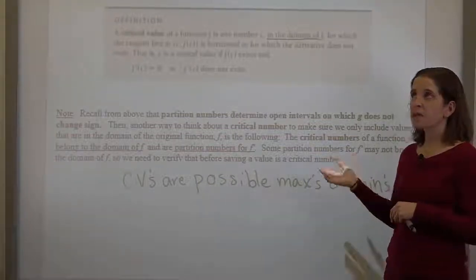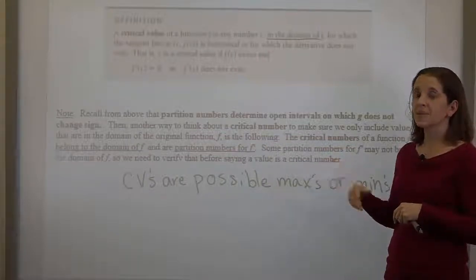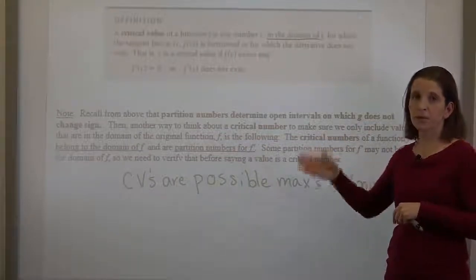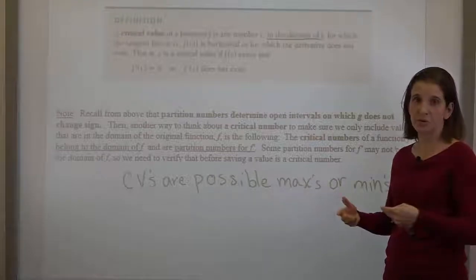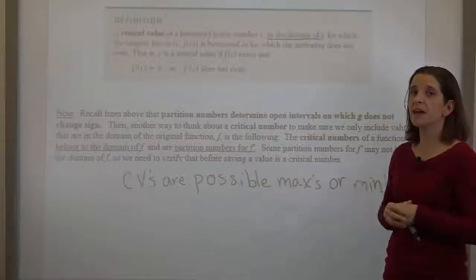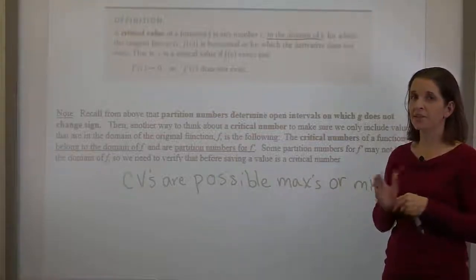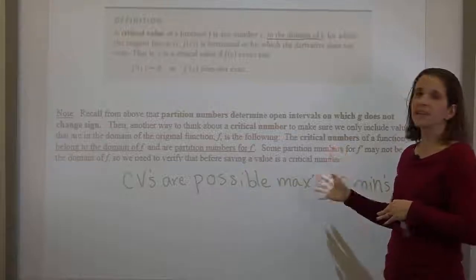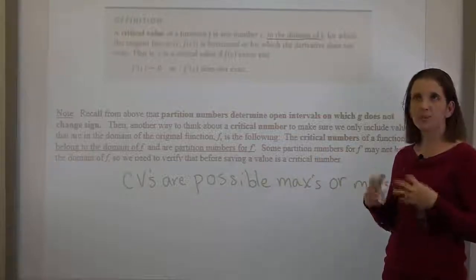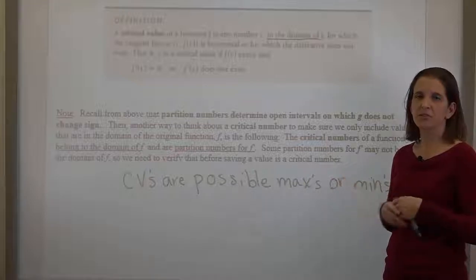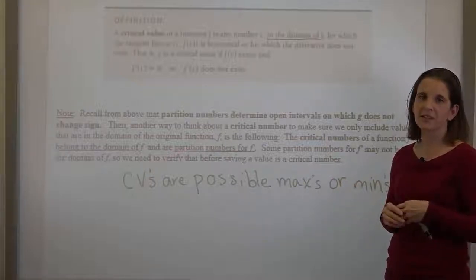Because if something is not a critical number, but it is a partition number, we're still going to want to put it on our table, that sign chart that we were reviewing, to test, because interesting things can still happen or change there. But we can't actually call it a property of the function, a critical value of the function, if it was never in the domain of the function to begin with.